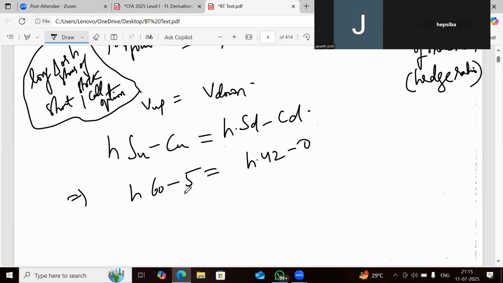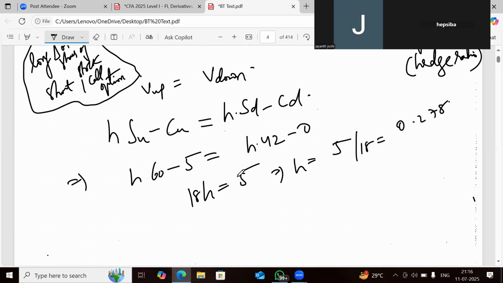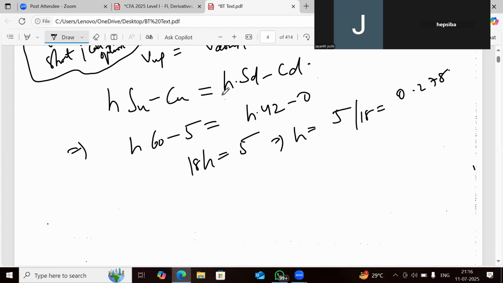So if it comes here, 18H. This is the hedge ratio. We'll take the hedge ratio and try to find out the portfolio value.